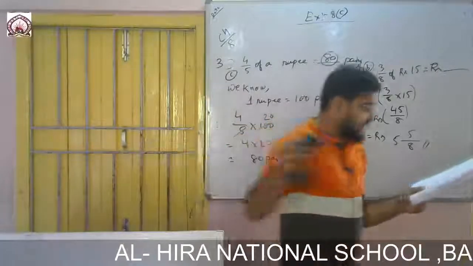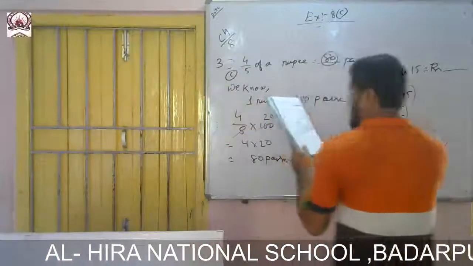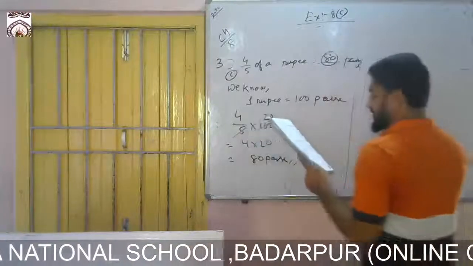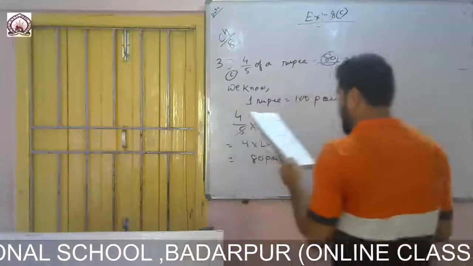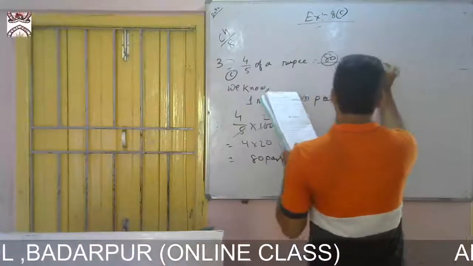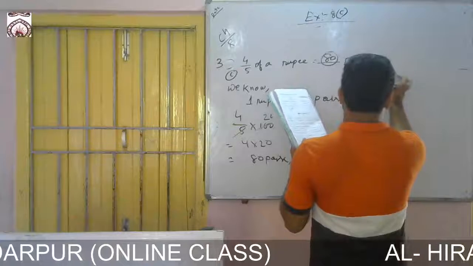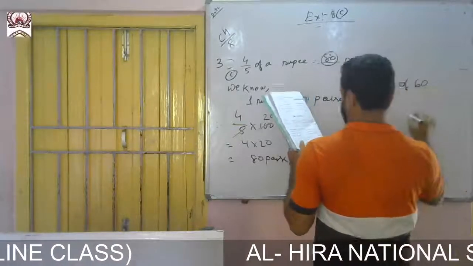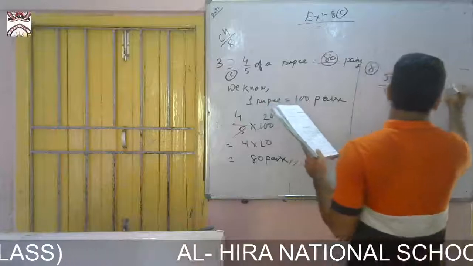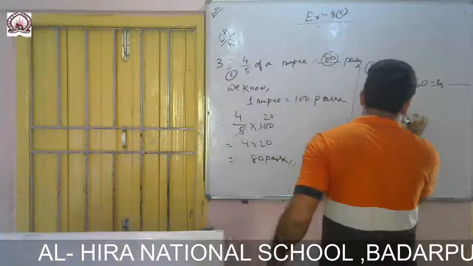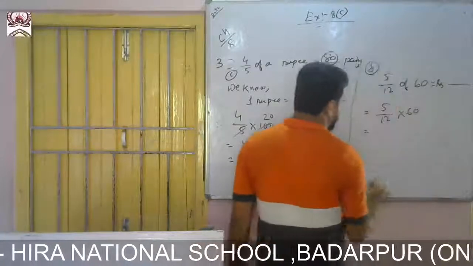Now come to the next question. Question number D you can do. E also you can do. E is exactly like C. D is exactly like question number B. So I am solving only F. 5 by 12 of rupees 60 goes to rupees how much? All are the same. So 5 by 12 into 60, how much is coming?